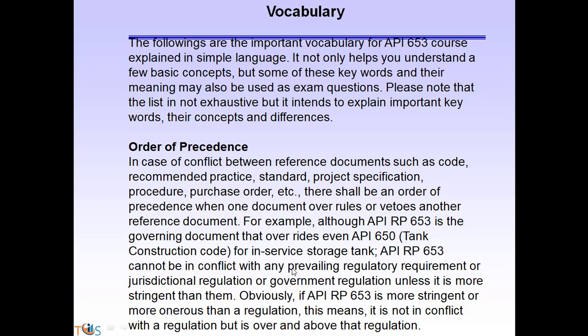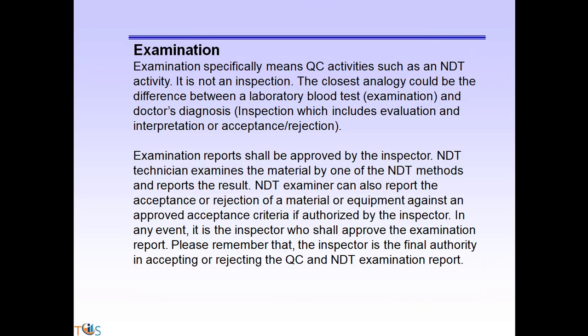Remember, when it's in service, API 653 cannot be in conflict with prevailing regulatory requirements, jurisdictional requirements or government regulation unless more stringent than them, in which case it's not actually in conflict, but it's over and above that regulation.